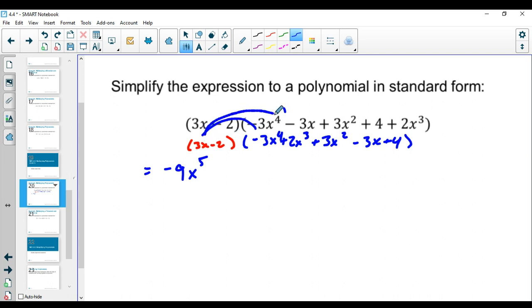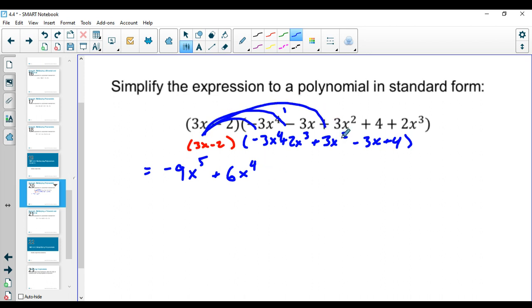Now I want to do 3x times 2x cubed. 3 times 2 is 6. X times x cubed is going to be x to the fourth.